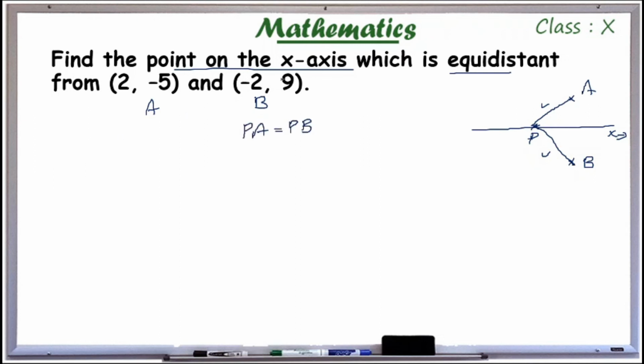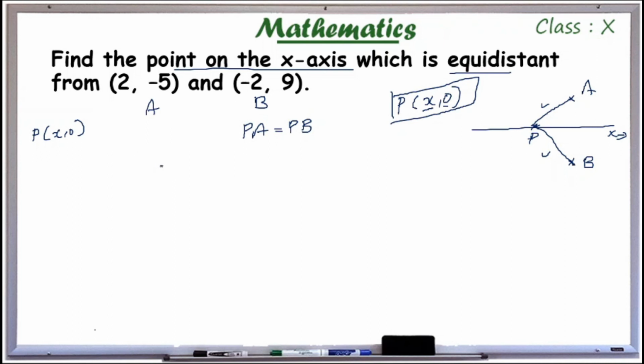So we know that the point P lies on the x-axis, so it is of the form P of x comma 0, because on the x-axis the value of y will be 0. We have already seen that. So I have to find PA. We know that the distances PA and PB are the same.